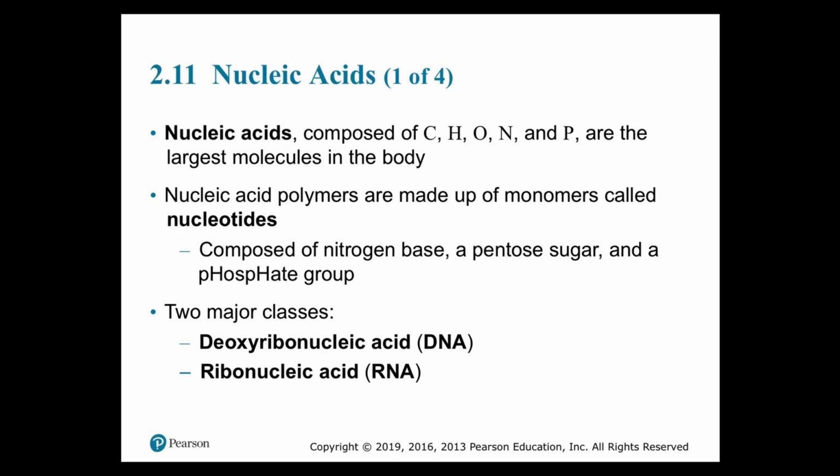The nucleic acids are polymers, and they're made up of subunits or monomers called nucleotides. A nucleotide is made up of a nitrogen base, a pentose sugar, or a 5-carbon sugar, and a phosphate group. There are two major classes of nucleic acids: deoxyribonucleic acid, or DNA, and ribonucleic acid, abbreviated RNA.